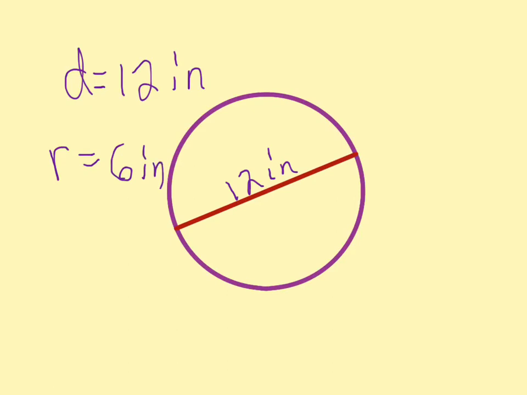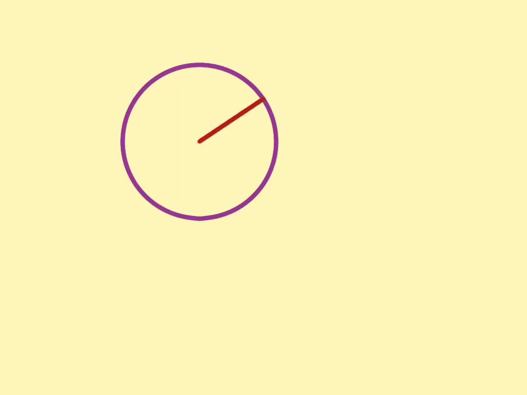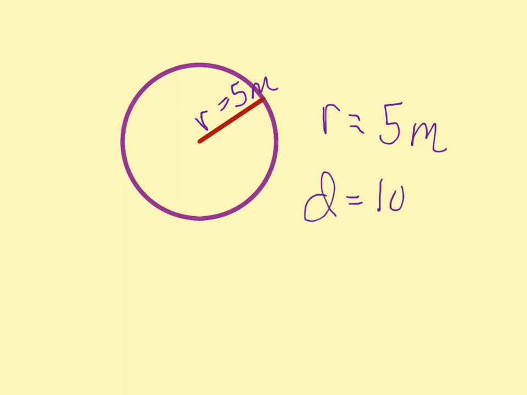And similarly, if I am given a circle and somebody gives me the radius, let's say the radius is equal to 5 meters, then the diameter is twice that. And that's about all we need to know.